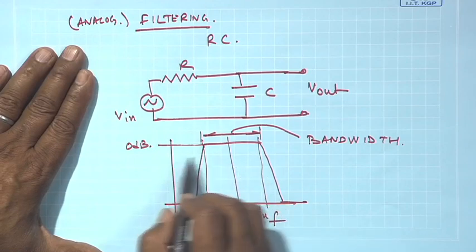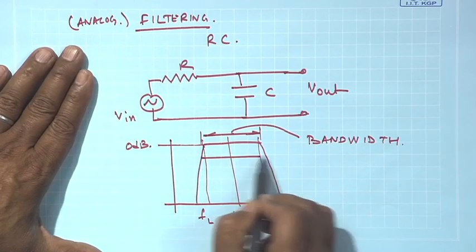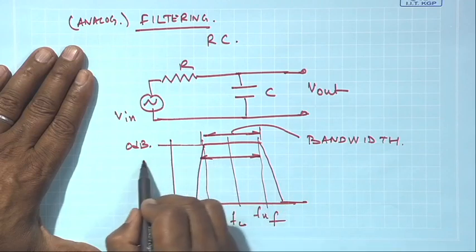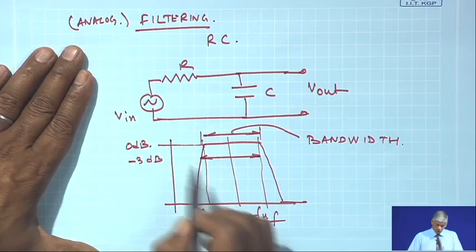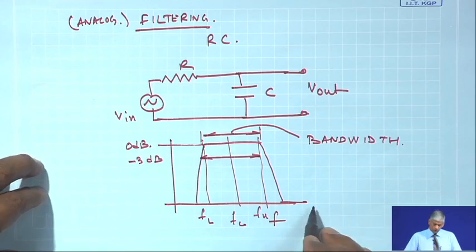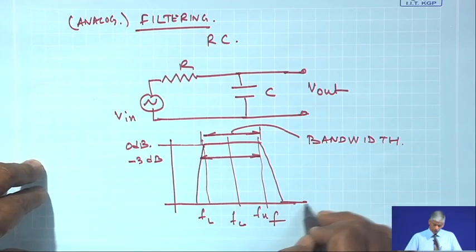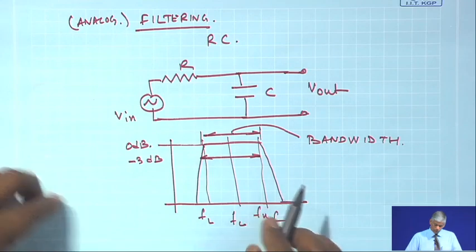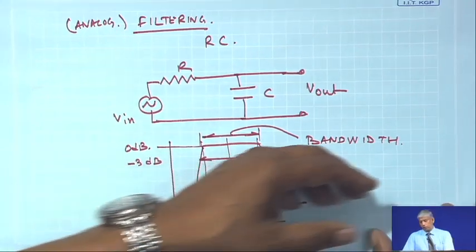Sometimes they say this as minus 3 dB. Any signal which goes into a filter will come out depending on what kind of frequencies were contained in such bandwidth. So, we will discuss filtering later on in a separate class on low pass filters, band pass filters, high pass filters, notch filters, etc. And then we will see how such signals can be analyzed through analog filtering.